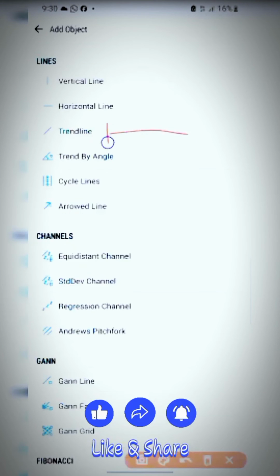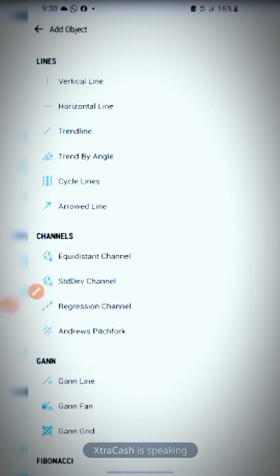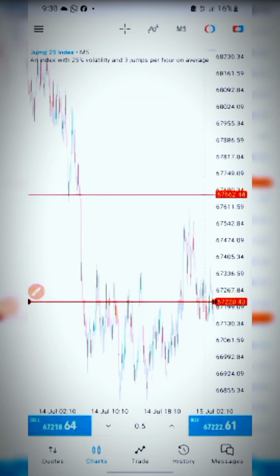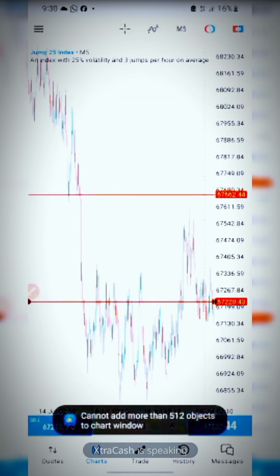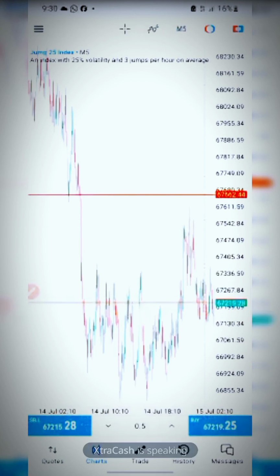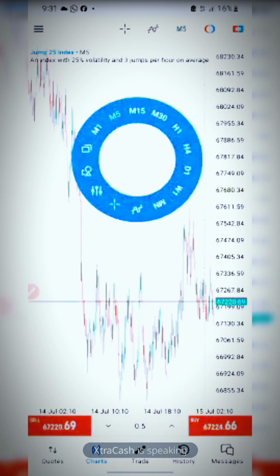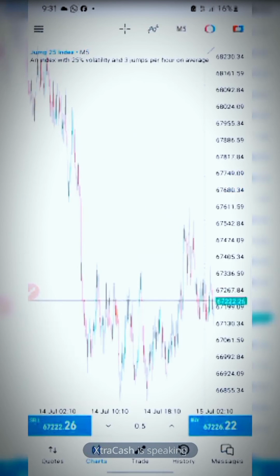This is where you have your objects, so just pick your trend line. Then anywhere you touch on the screen, it will follow you. Let me remove all these horizontal lines. Just touch and drag it, it will follow you. That's for a bullish direction.